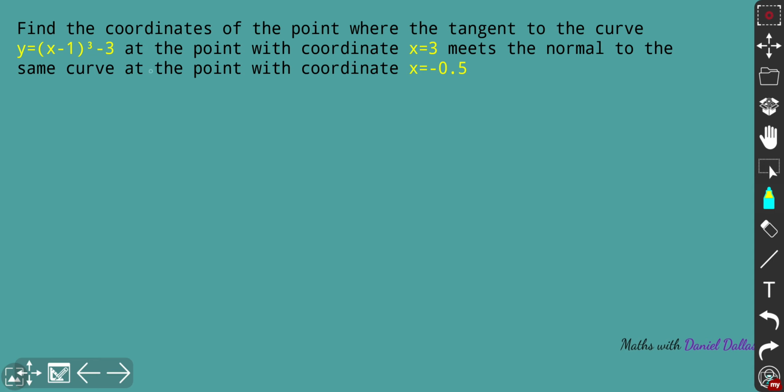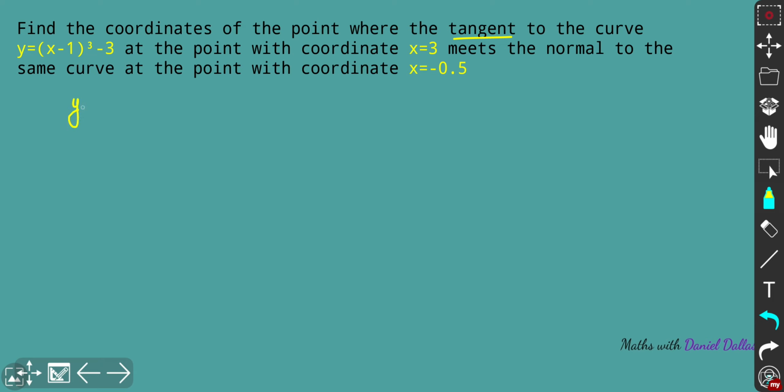First, we need to find the coordinates of the points of intersection of the normal to the curve and the tangent to the curve at different points. So first, make sure you're looking for the equation of the tangent to the curve at the given point with coordinate x equals 3.